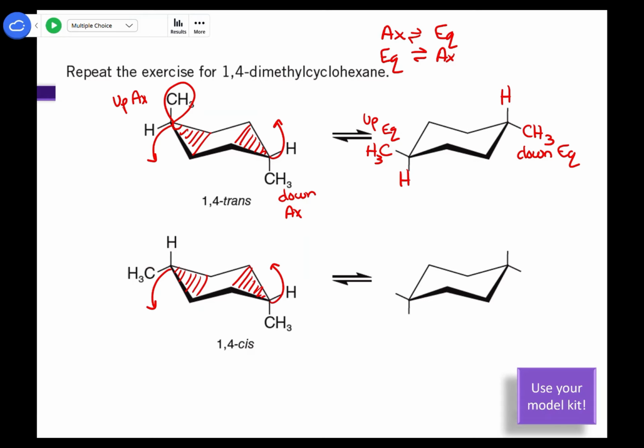Predict what's going to happen before you do that. We have axial and equatorial. What do you think is going to happen? Take that down and flip it up. Take the up and flip it down. They're both still in down positions, but we now have equatorial and axial rather than axial and equatorial.